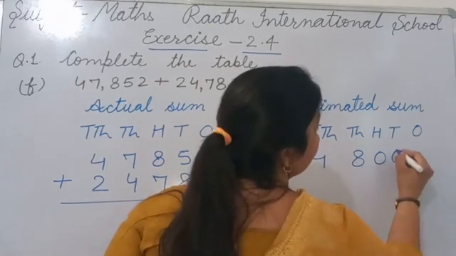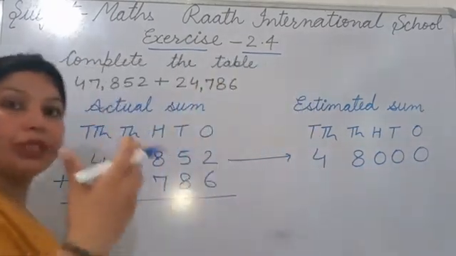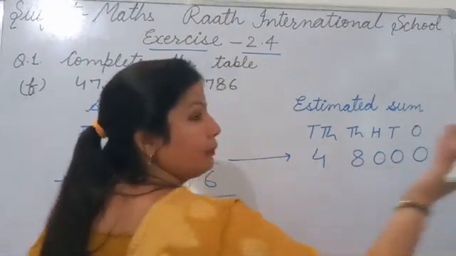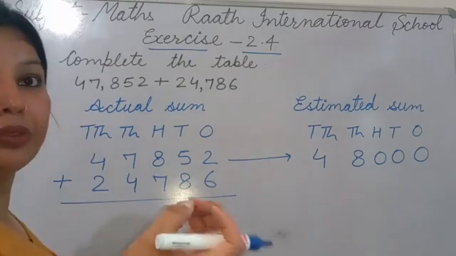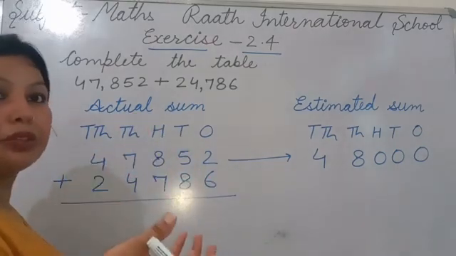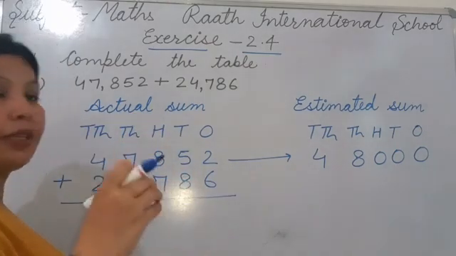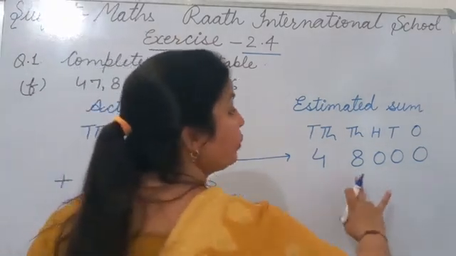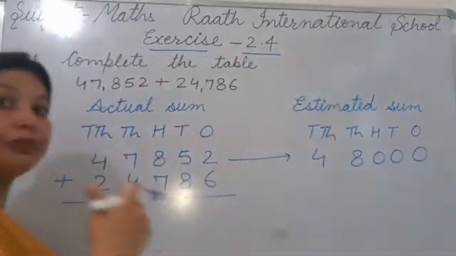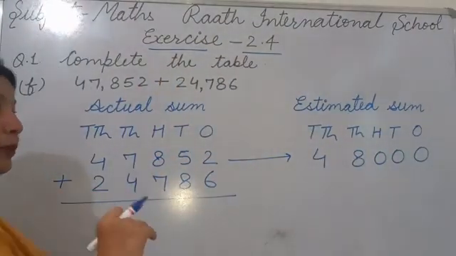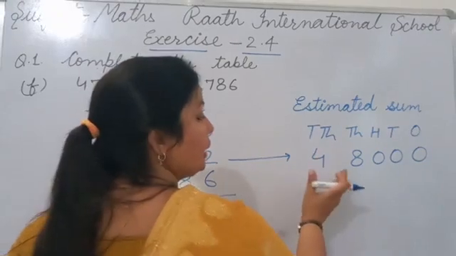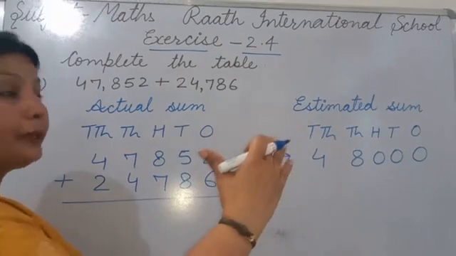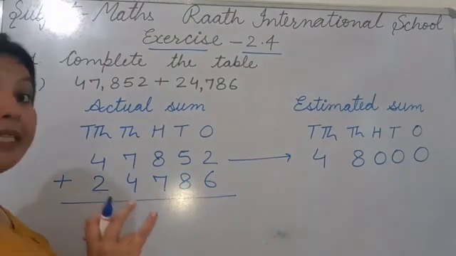Whenever you find rounding numbers, which you did in chapter 1, we make zeros from one side. Rounding of tens, the ones column is 0. Rounding of 100, the ones and tens columns are 0. Rounding of 1000, the ones, tens, and 100s columns are 0. Which rounding we are finding, that many columns we make 0 in the rounding number, and the columns on the left-hand side remain the same.